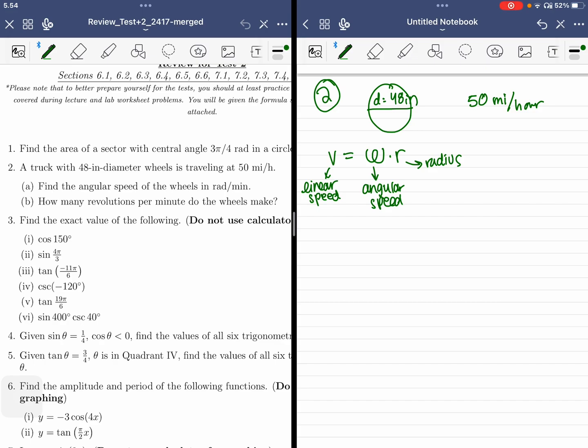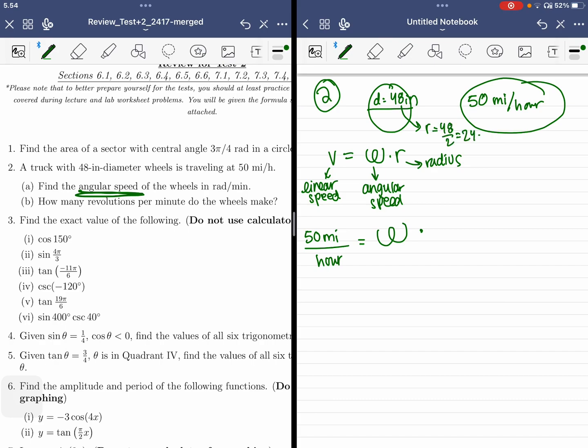So linear speed would be 50 miles per hour because that's just normal speed that we deal with, right? Omega is something that we are looking for because it says angular speed, right? And the radius, they give you diameter, so I would rewrite that as radius is 48 divided by 2, right, which is 24 inches.